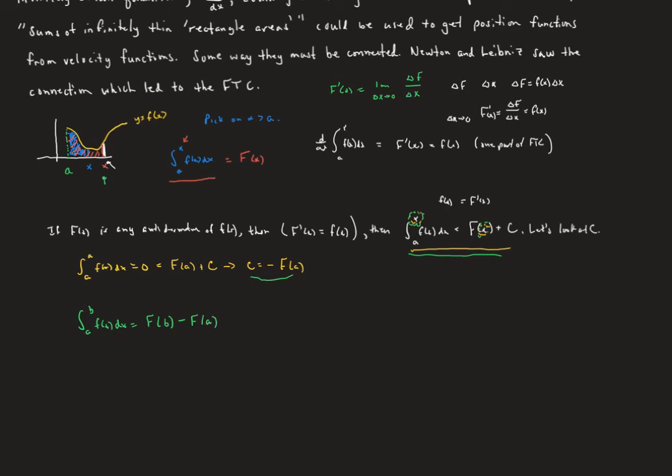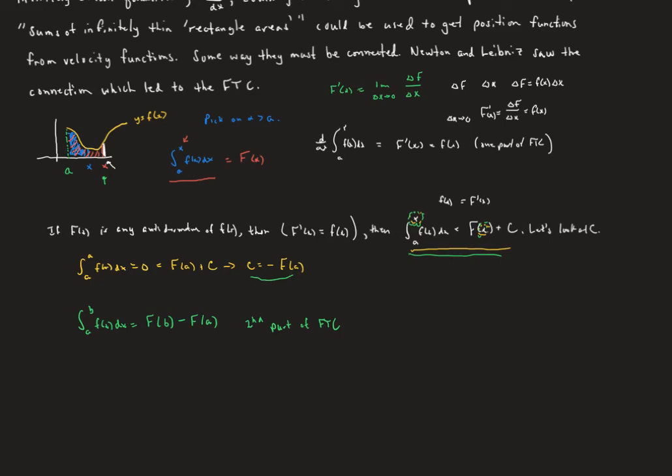And so this is the second part of the fundamental theorem of calculus. That's the evaluation piece: the integral from a to b of little f is an antiderivative evaluated at b minus an antiderivative evaluated at a.